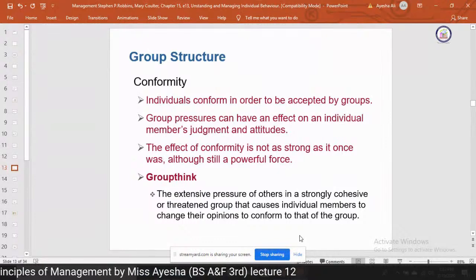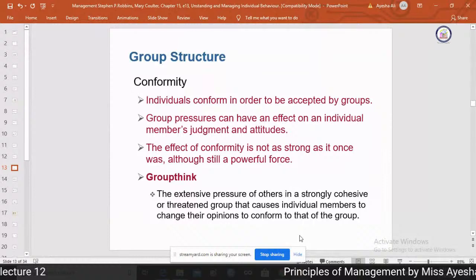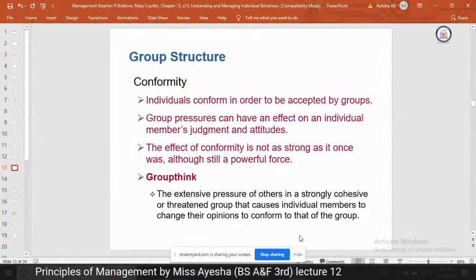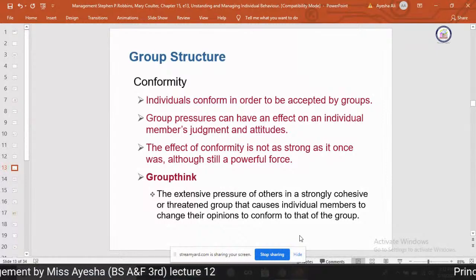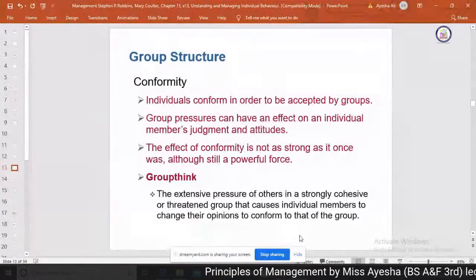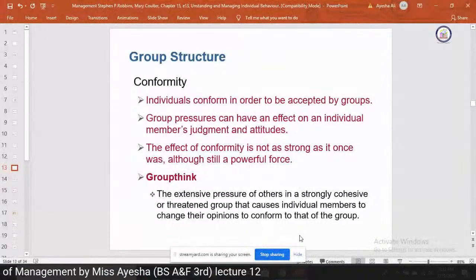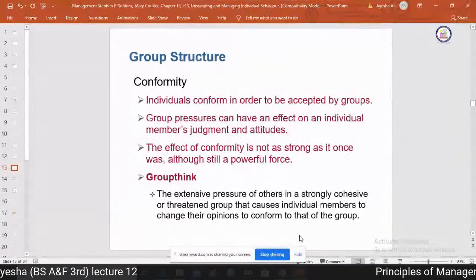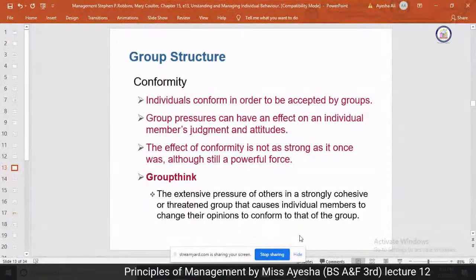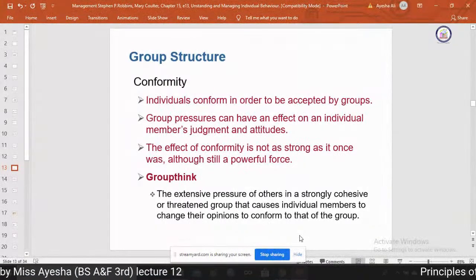And groupthink is basically the extensive pressure of others in a strongly cohesive or threatened group that causes individual members to change their opinion to conform to that of the group. So sometimes we are facing a lot of pressure from the group members. So we have to change our opinion, and we have to change our point of view, and we have to adopt the group's perception and view in order to be accepted by our group members.